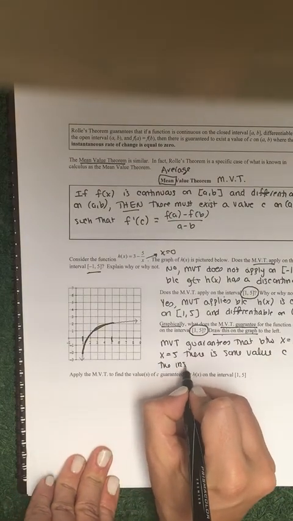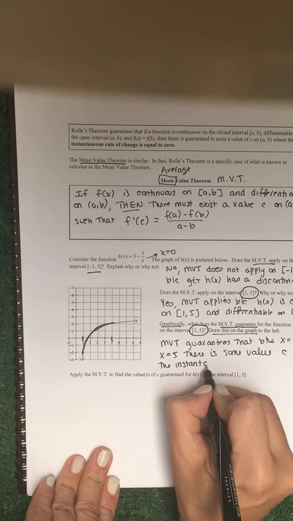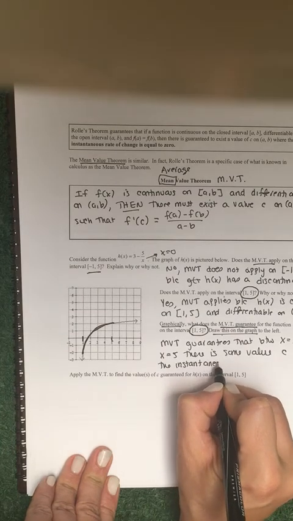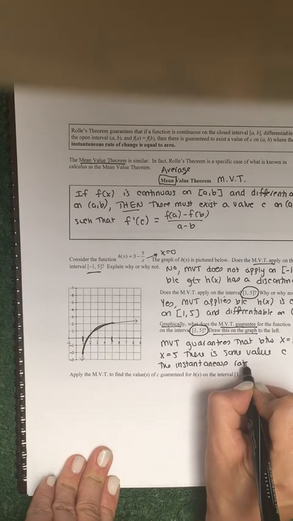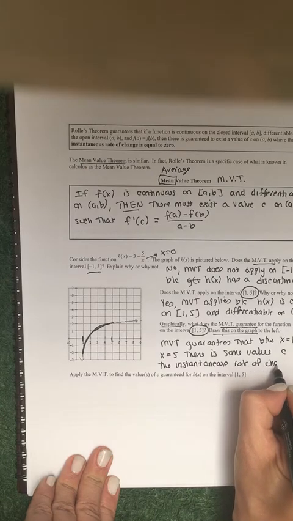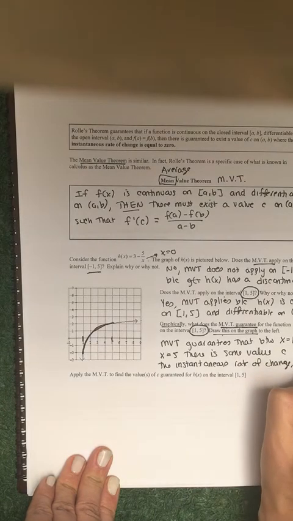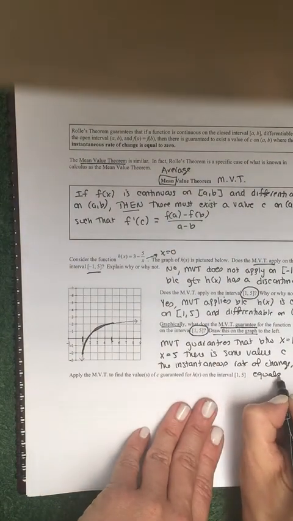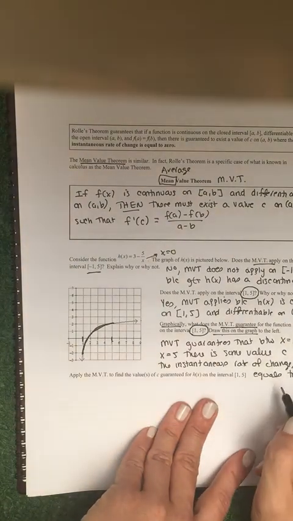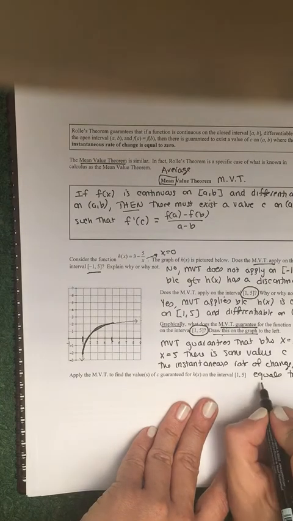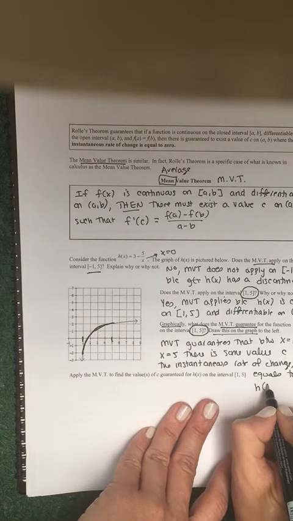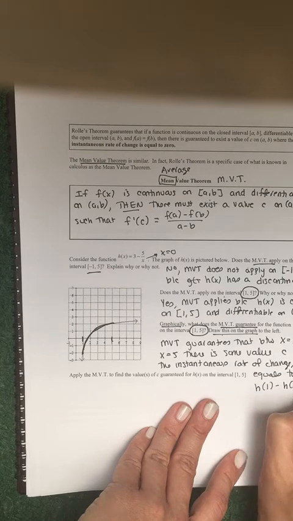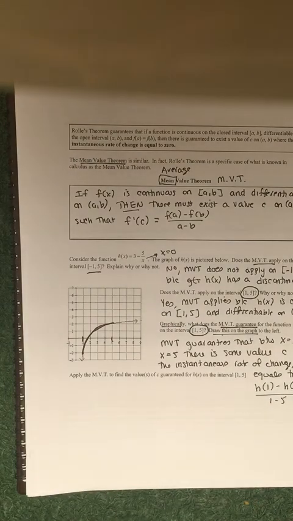the instantaneous rate of change, also known as h prime of c, equals the average rate of change, also known as h of 1 minus h of 5 over 1 minus 5. It's that specific interval.